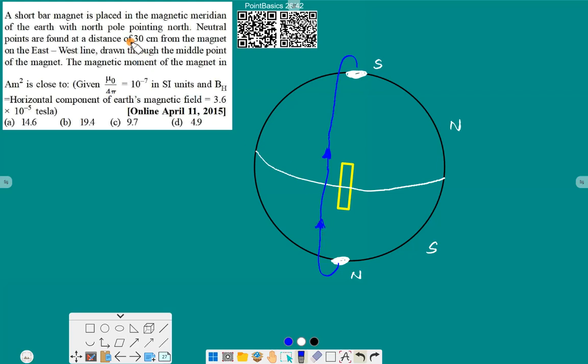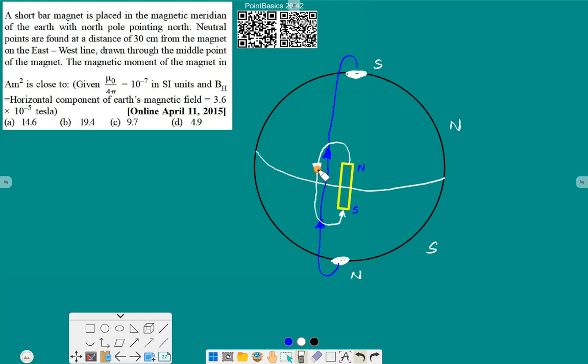And it is mentioned in the question that the magnet which we place is placed such that its north pole points towards the north of the Earth. Means this is the north pole of this magnet and this is the south pole of this magnet. For this magnet, magnetic field lines will move something like this, so they will be in this direction.